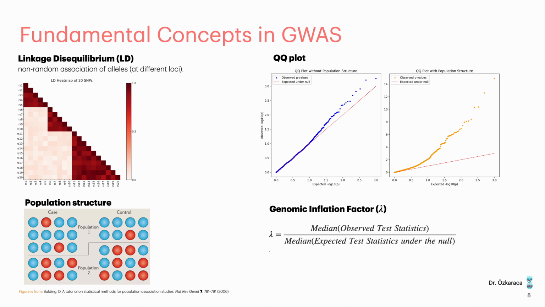A QQ plot is a plot where on the x-axis we have the expected test statistic, which is often on the minus log 10 scale of p-values, and on the y-axis we have the observed test statistic, the same test statistics.